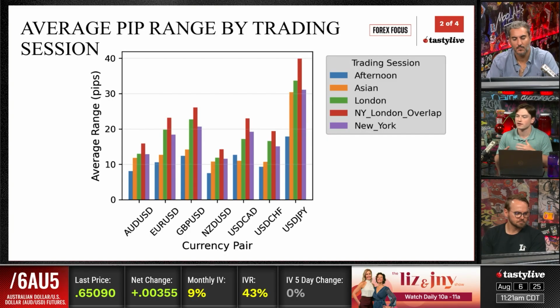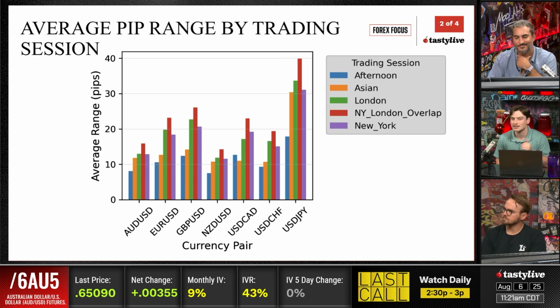I've done some breakdowns on other Forex Focus episodes on how that compares. But here, just looking at pip ranges, you're seeing that New York-London overlap is the most volatile. So that 7 a.m. to 10 a.m. window, Central Time, is the answer for your highest volatility range.